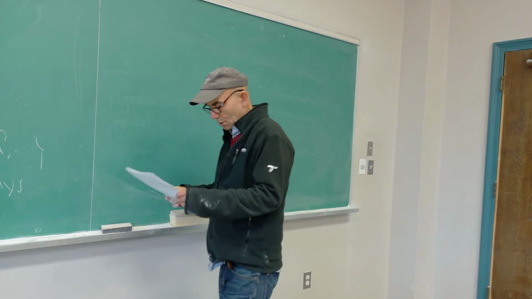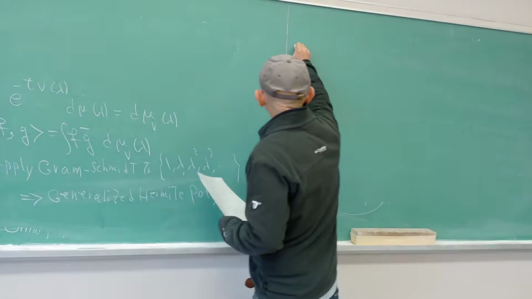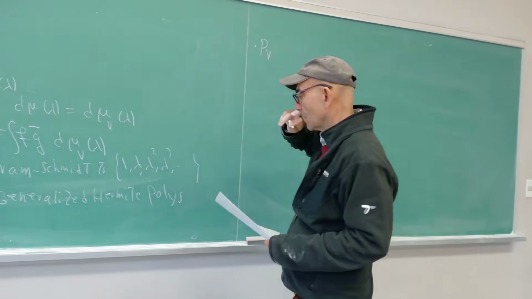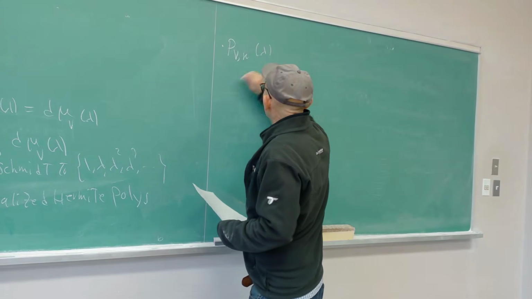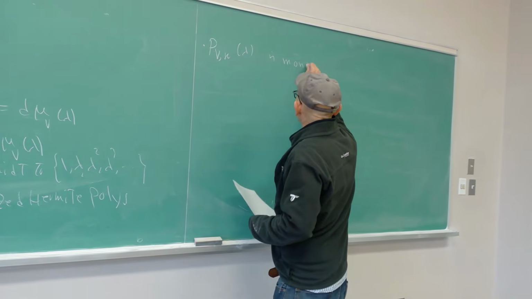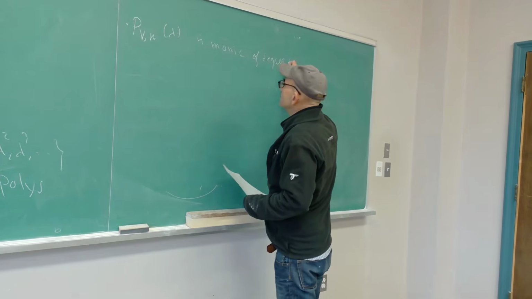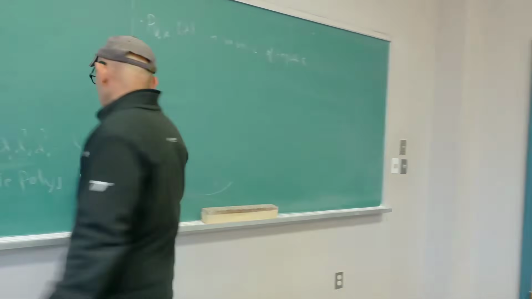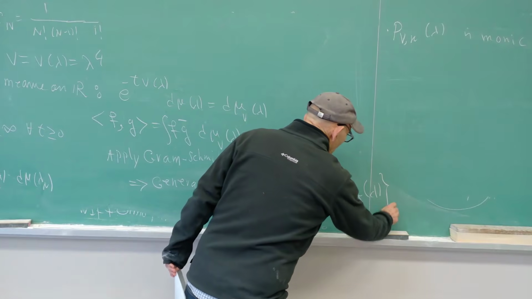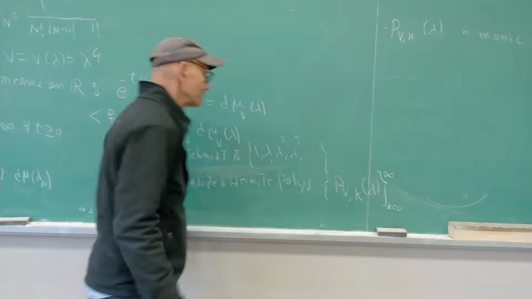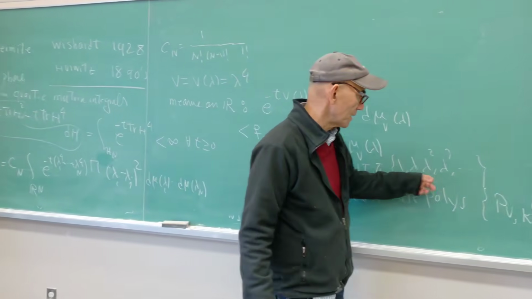So we have these conditions: we call them P_V,k of lambda, monic, of the V,k. So let me call this P_V,k of lambda, k from 0 to infinity. By orthogonalizing this, we get this.